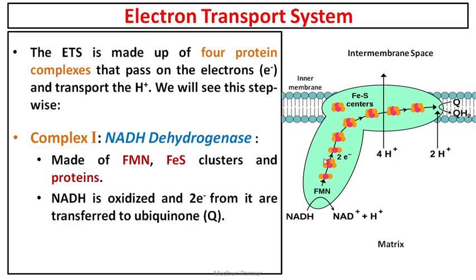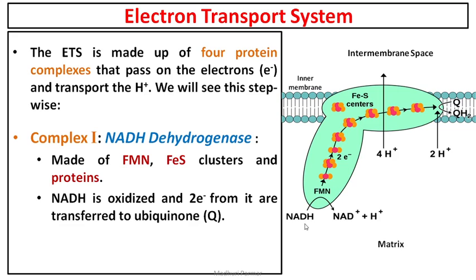Now when the electrons are being passed through the iron sulfur centers, the NADH dehydrogenase complex opens a channel, and when that channel opens, 4 H plus, 4 protons, are moved from the matrix to the intermembrane space.